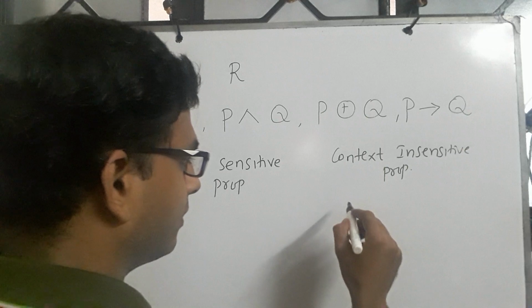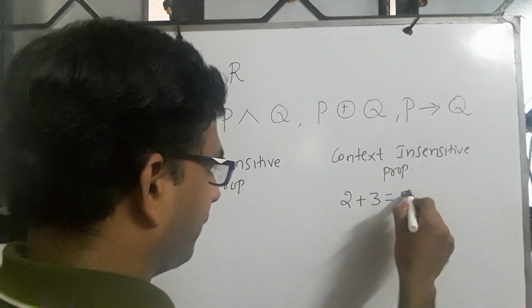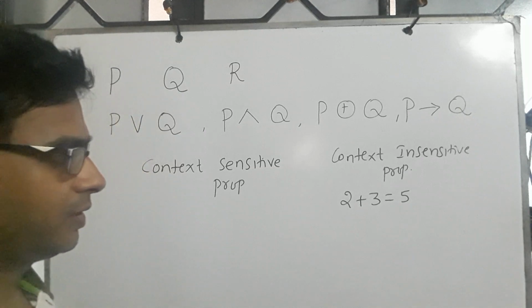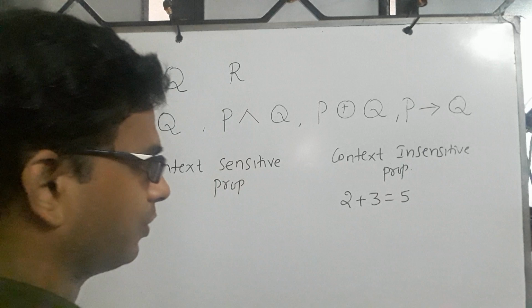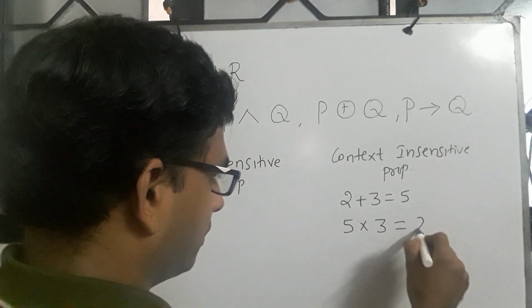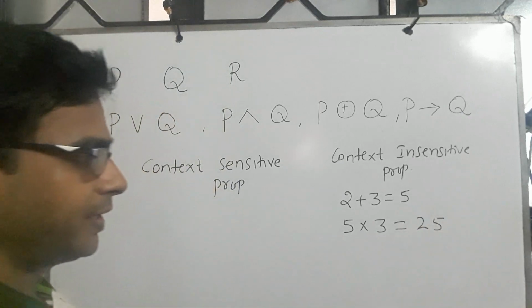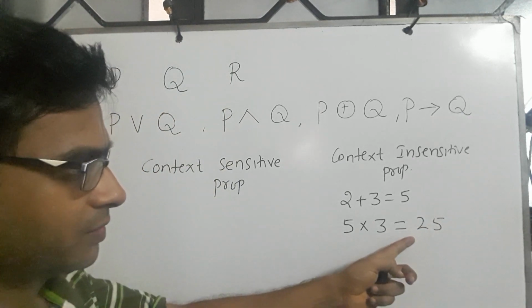For example, when I say 2 plus 3 equals 5, it's a declarative statement. It represents a fact taking the truth value true always. And 2 plus 3 equals 6 is a declarative statement taking the truth value false always.